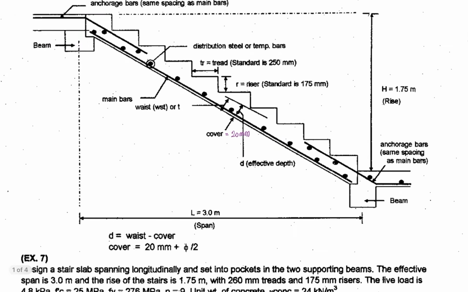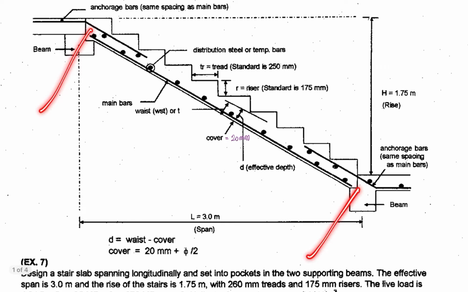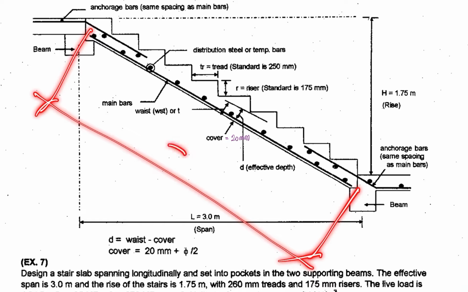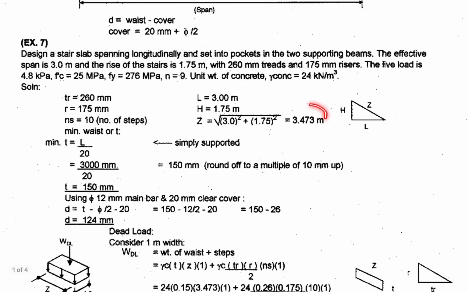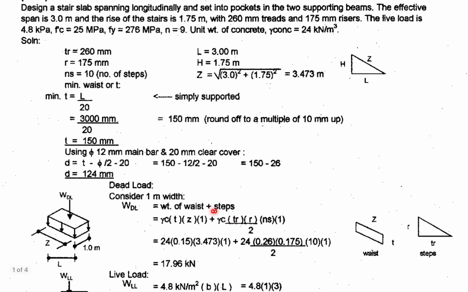So to solve for the hypotenuse, this is now your Z. Okay, so to solve for that, that is the square root of 3 squared plus 1.75 squared. So therefore, you have your Z equal to 3.473. Then plus the step.